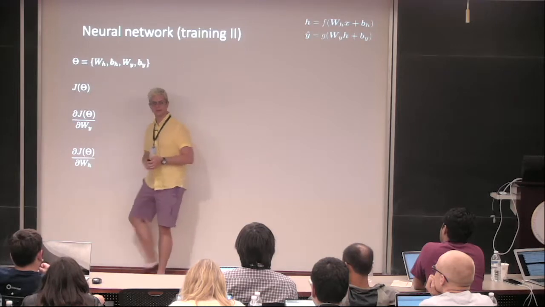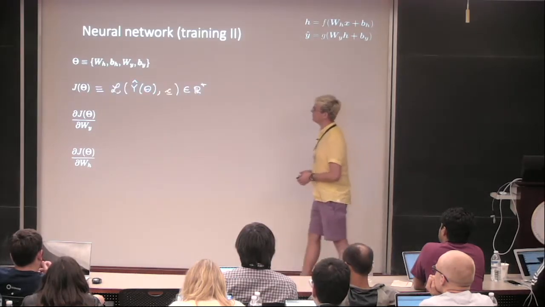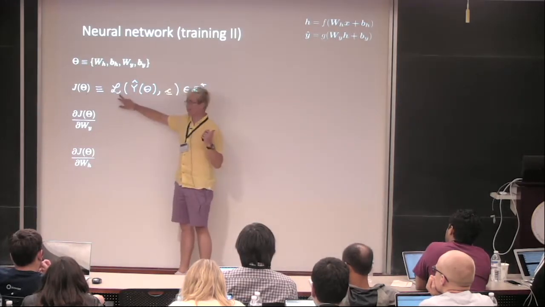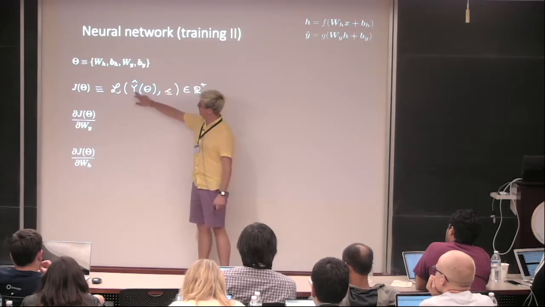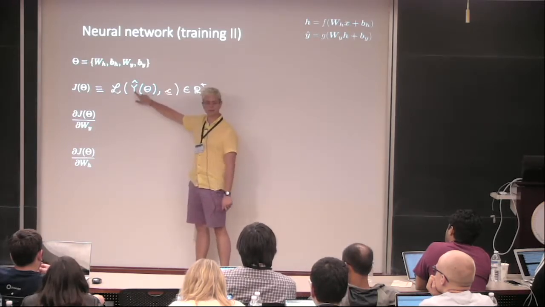Okay? I'm going to be a bit more specific here. So here I'm defining this loss, J of theta, as the previous L on the y function of theta, right? So these are my predictions, which are a function of my parameters.